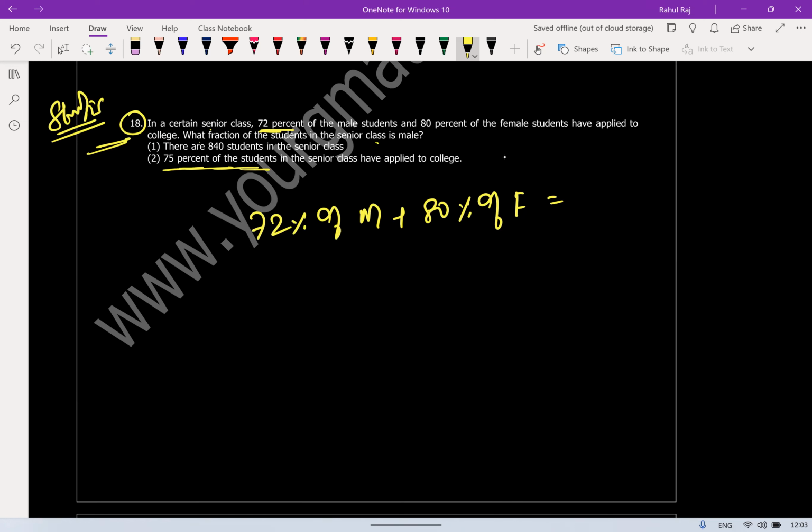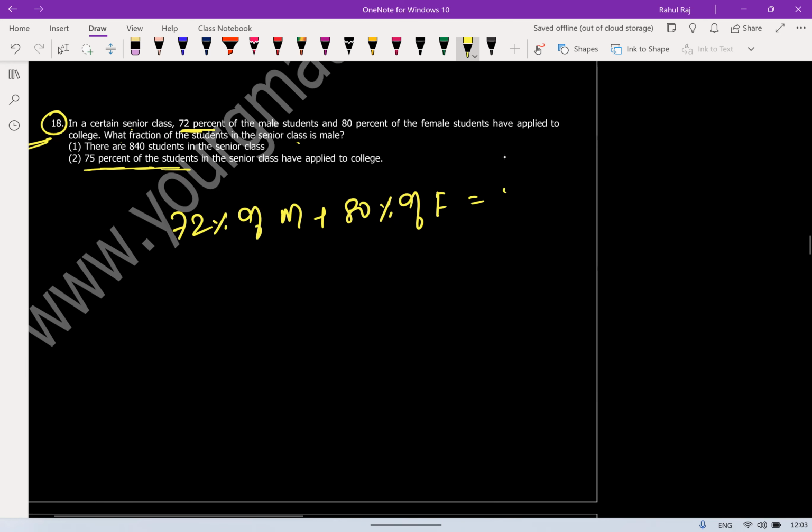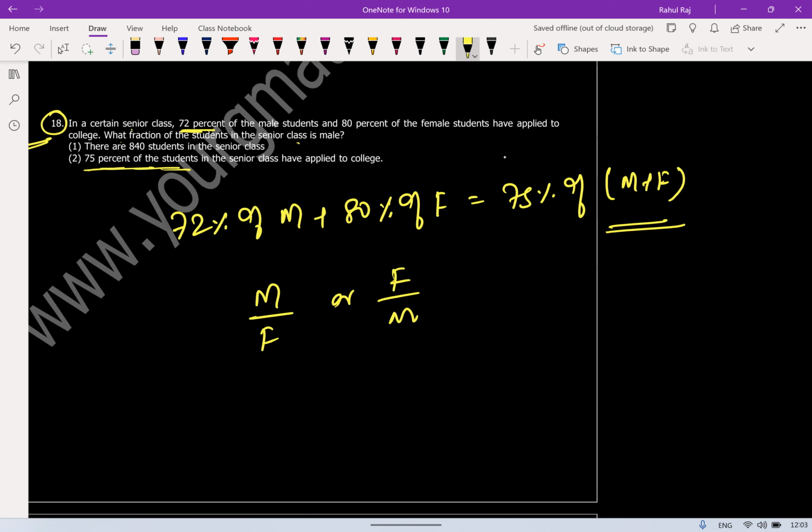So 72% of M plus 80% of F is nothing but 75% of the students, that is M plus F. That's it. This will give you a ratio of M by F or F by M. And once you get this ratio, you can get what fraction is male, what fraction is female, what percentage of male, what percentage of female, male or female who is greater, lesser. Everything you can get once you get the ratio.